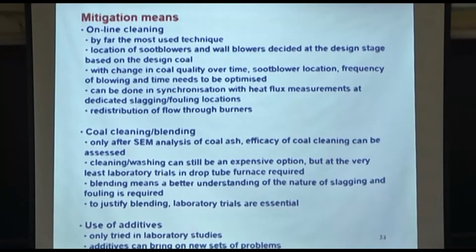It's not chemical. It's not chemically homogeneous, really, right? So even with blending, one has to be very, very clear as to how the blended coal may behave, so that its performance will be predictable. But sometimes it is not.